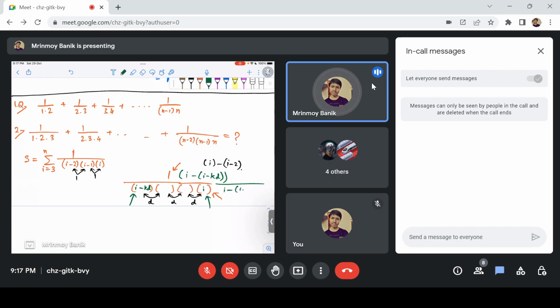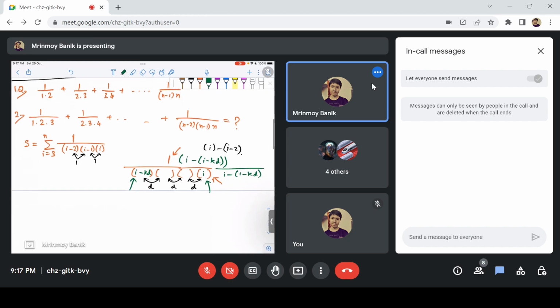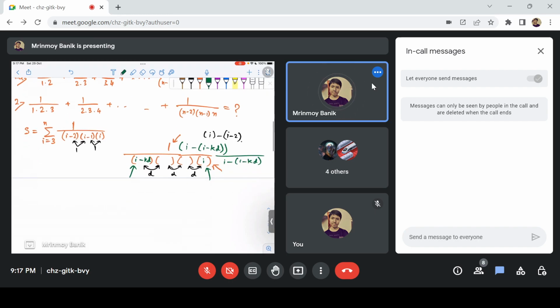And also in the denominator. So if you do that, in the next step, we can take this kd constant out of the summation here.